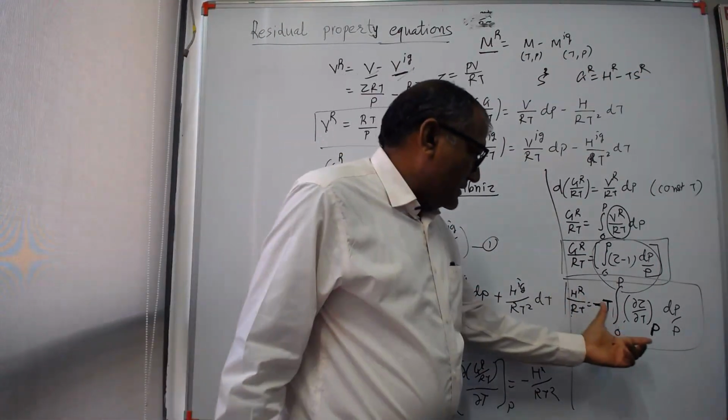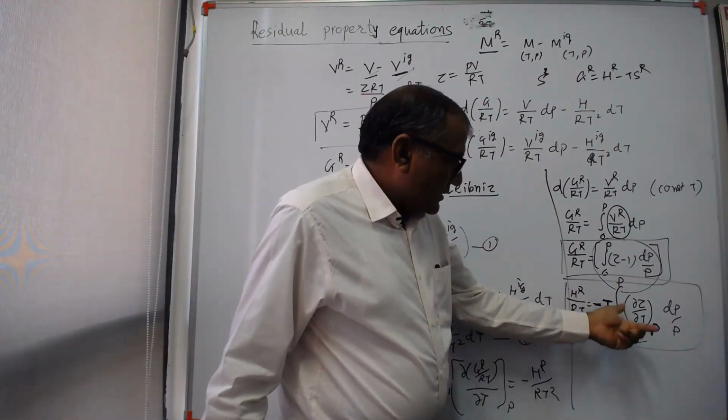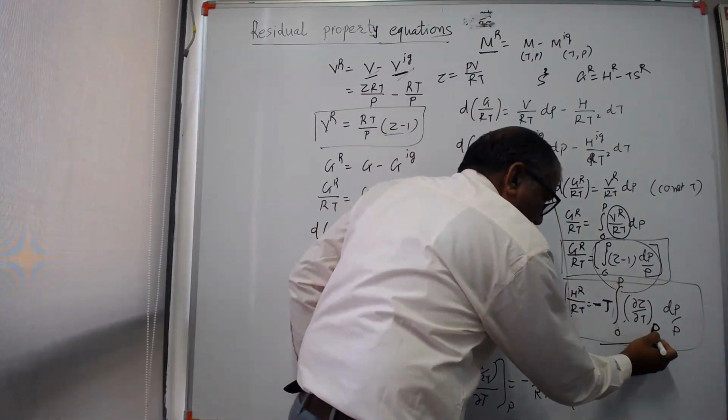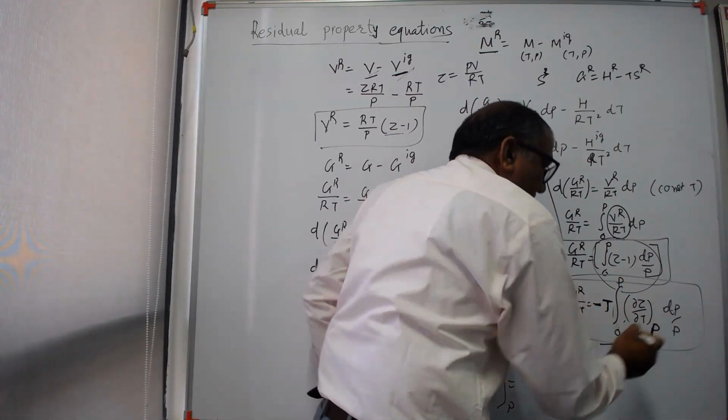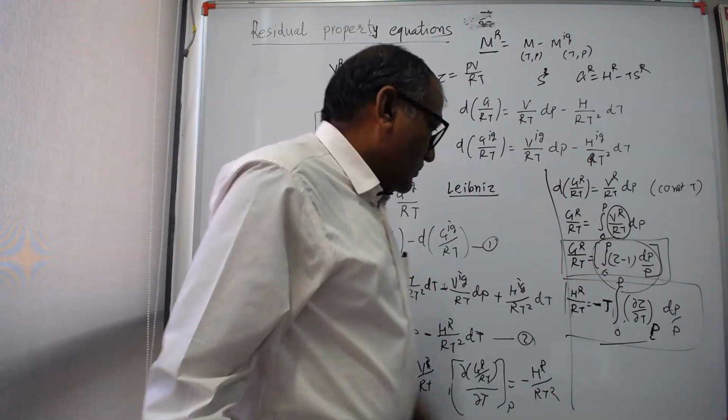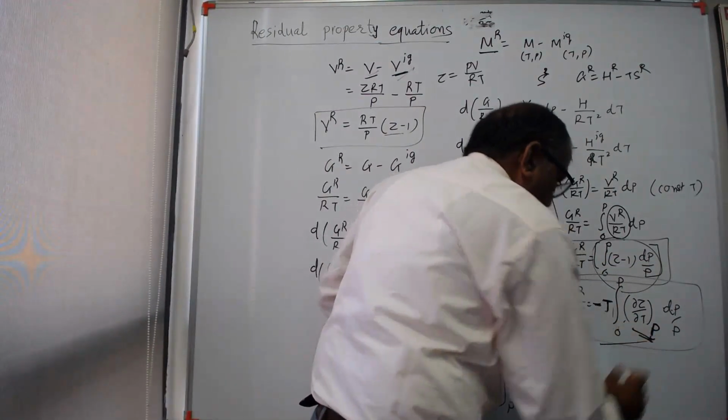The other thing is, in this equation, it is a little bit confusing. You might be thinking that here P is constant and the integration variable is also P, so it should be 0. No, how is it applicable?